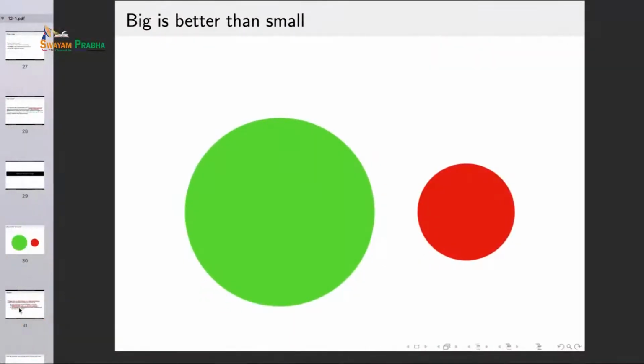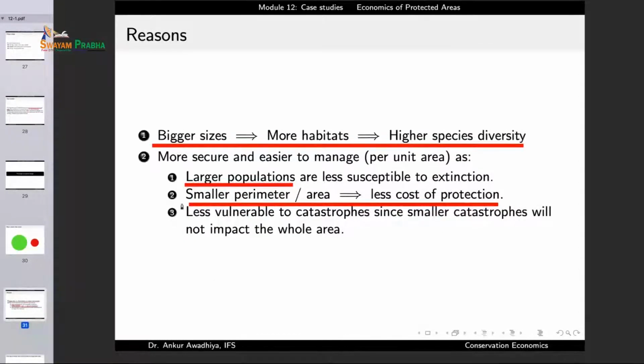So the larger the size of the reserve, it has the smaller perimeter per unit area, which makes protection more cost effective. Then these are also less vulnerable to catastrophes, because smaller catastrophes will not impact the whole area.